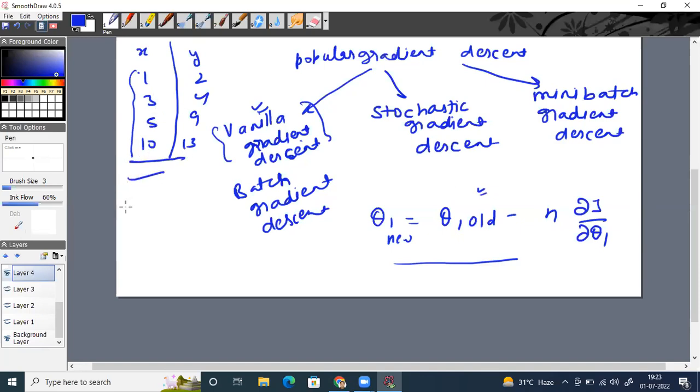In one iteration, you will cover all the data points. When all data points have been traversed, after that your weight update will happen. Only when all the data points have been covered will you update the weight. That's why it's called batch: the complete batch is taken into consideration.